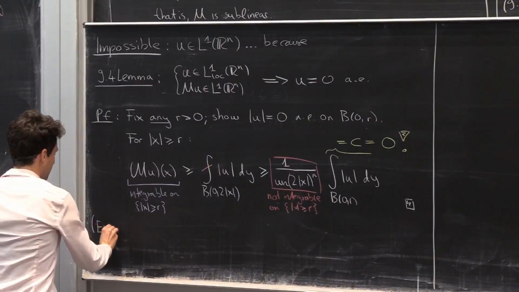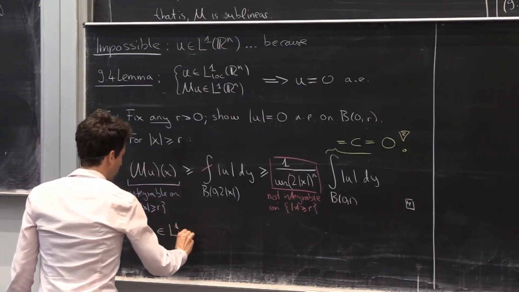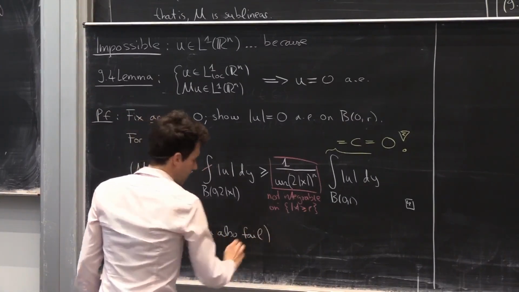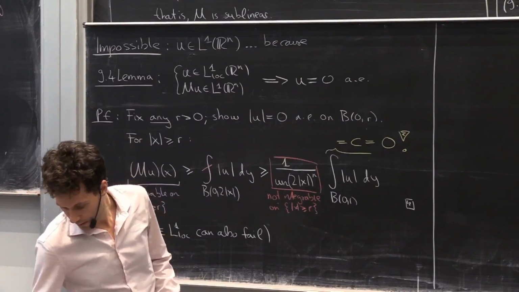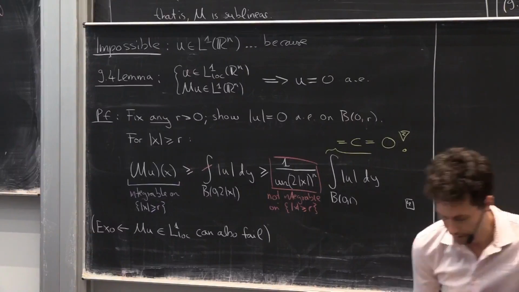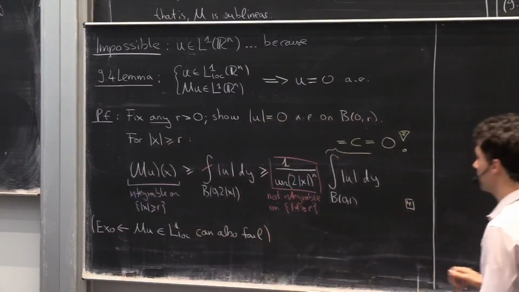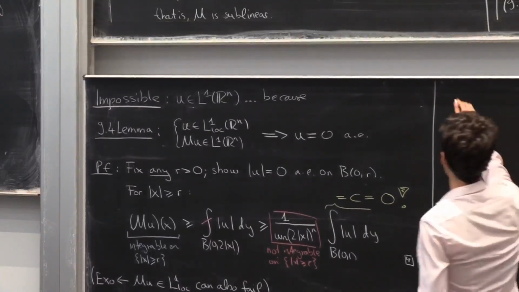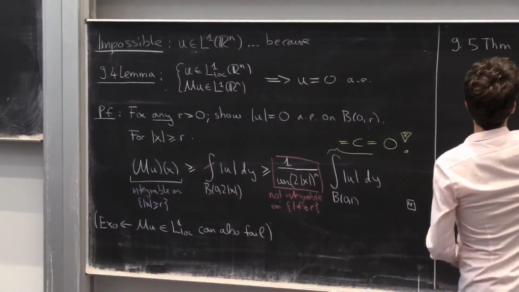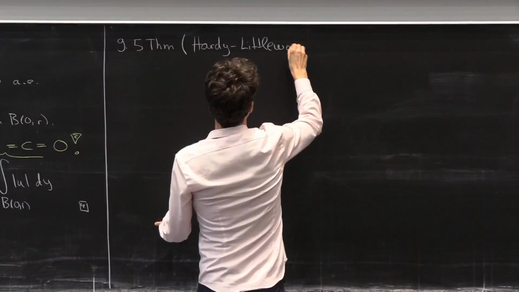So in the exercises, Mu in L1 loc can also fail. In other words, on L1, with the traditional idea of norm bounds, there's very little hope. But, and that's our first main result for today, there is a weaker type of L1 bound that is going to be true when u is in L1.